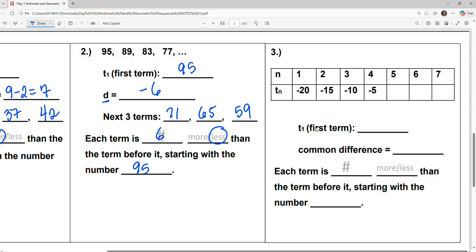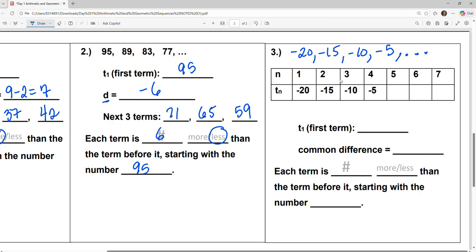All right, number 3, we're generating a similar pattern. Here the sequence is represented as values, so think the sequence would be -20, -15, -10, -5, and so on and so on. But it's represented to you as a table.